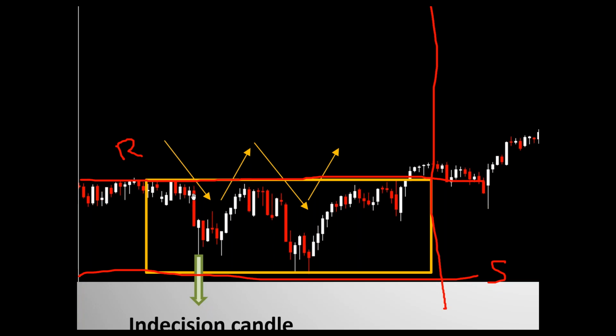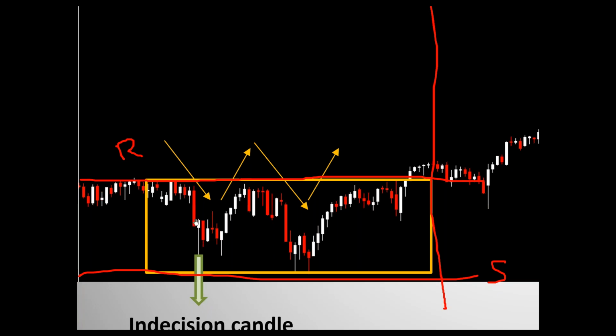So bears are in control. This is what this candle is saying to me. A full bearish candle with the close price very close to the low price. This is the first thing. So it started reversing and it's ready to go down to the support level.